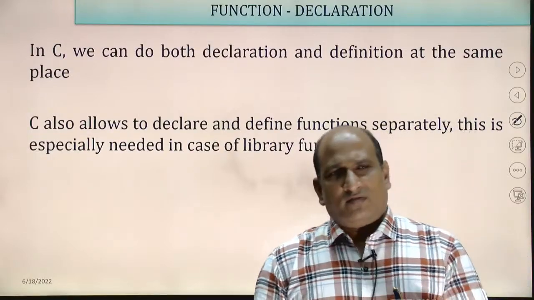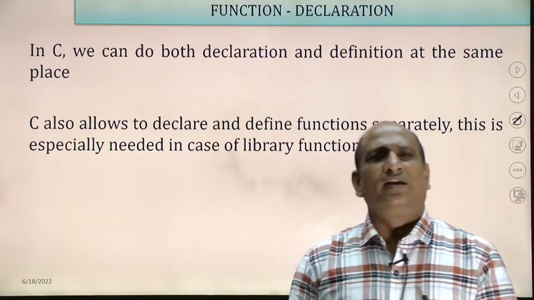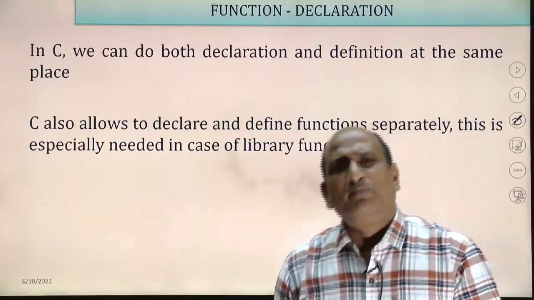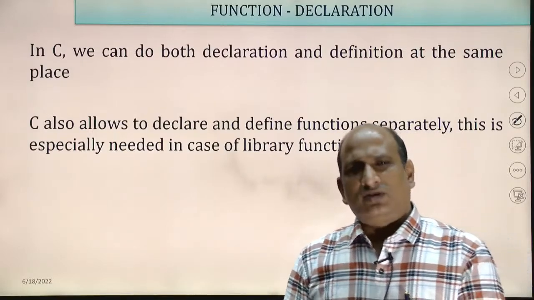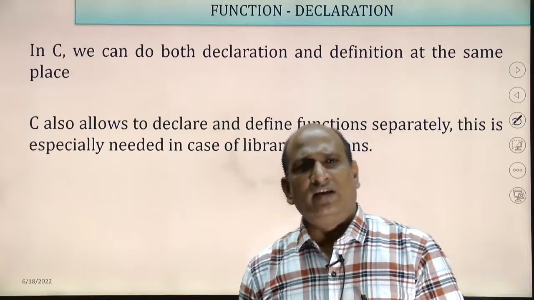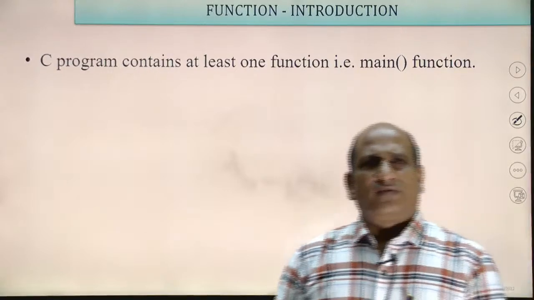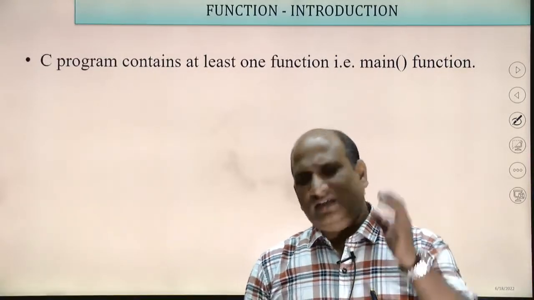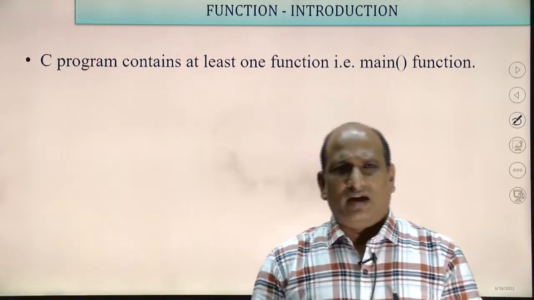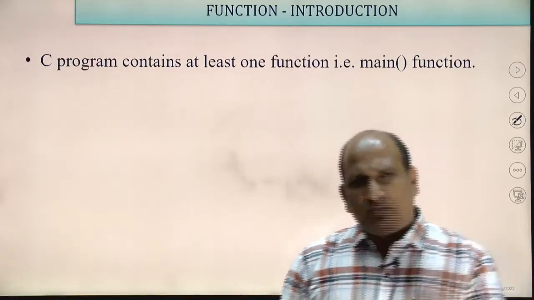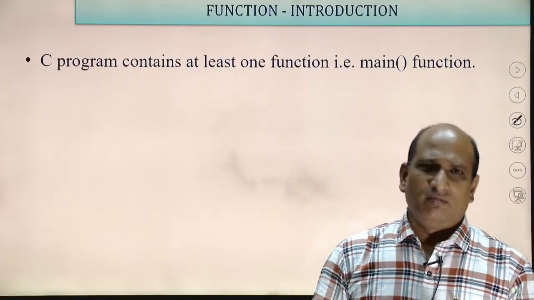We can declare and define both. The function can be declared and defined at the same place, but C also provides the mechanism to separately declare the function and define the function. Both can be done. In C language at least one function is required, and as we know, a C program starts its execution from a function called the main function.